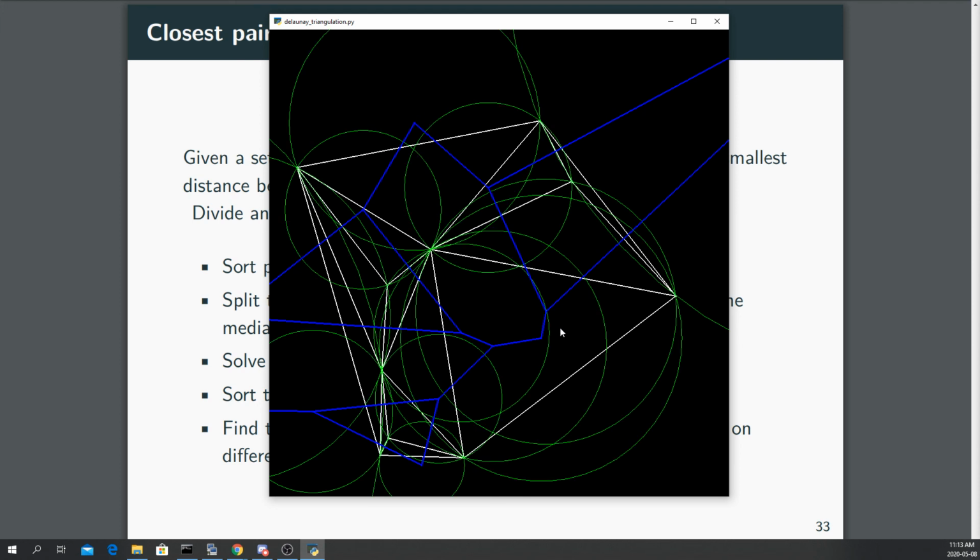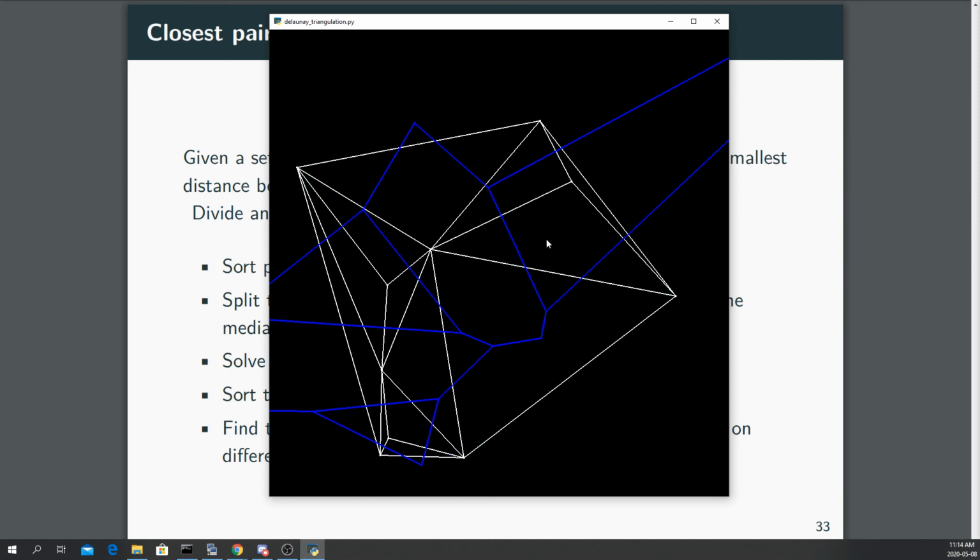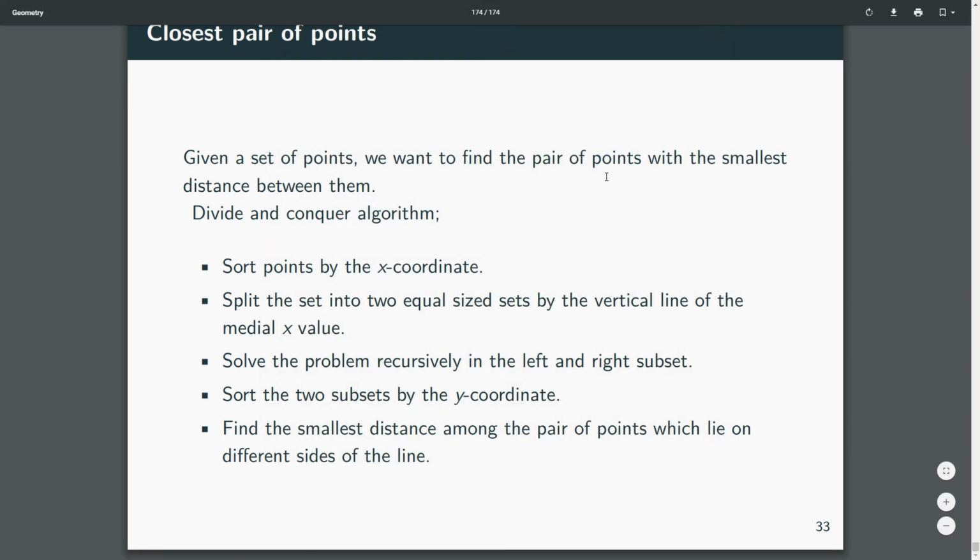You can see the circles are all centered around points in the Voronoi diagram. Yeah, I think that's it.